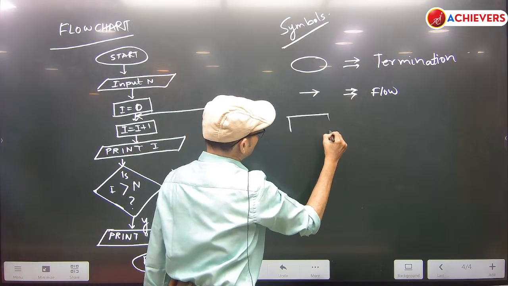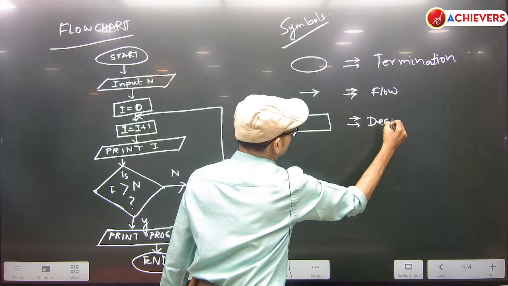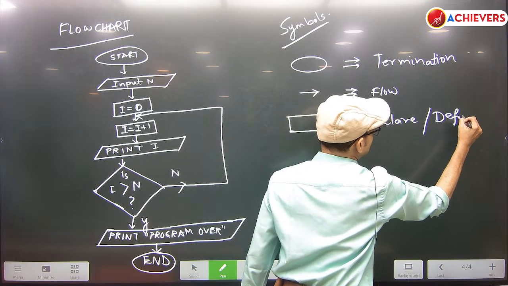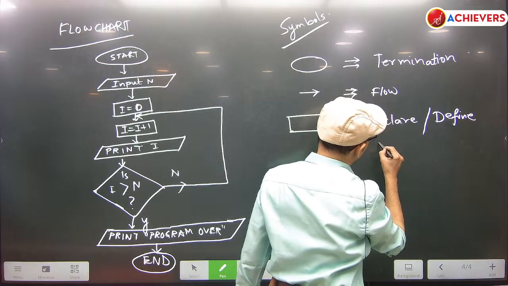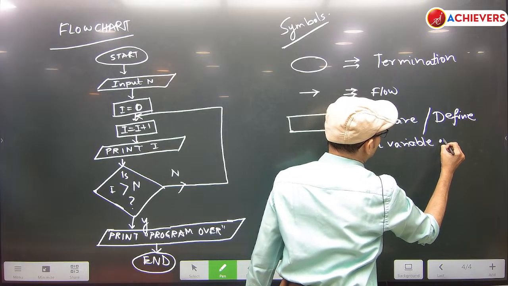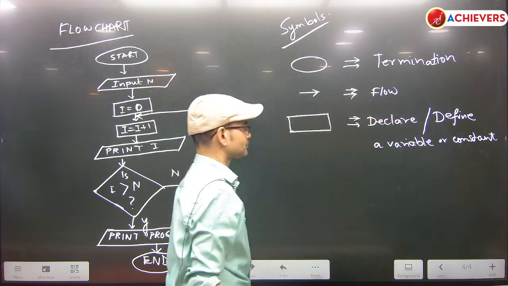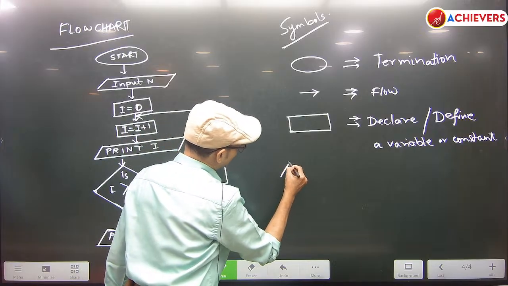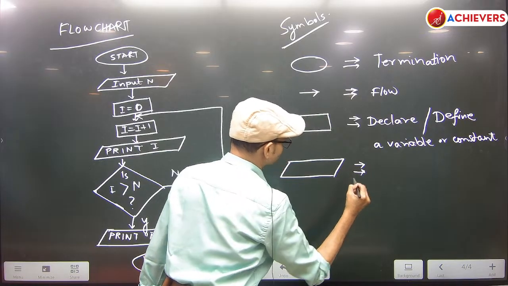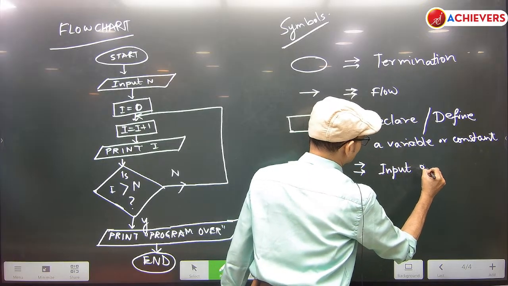Rectangle is for declaring or defining a variable or constant. Oblique rectangle symbol is for input or output.